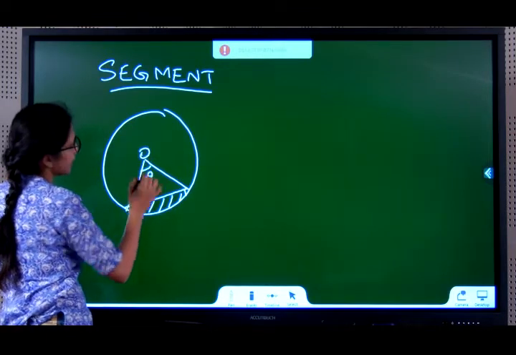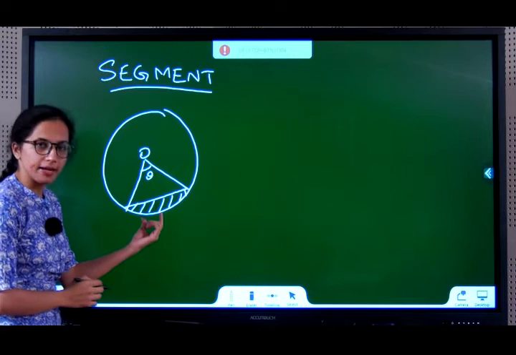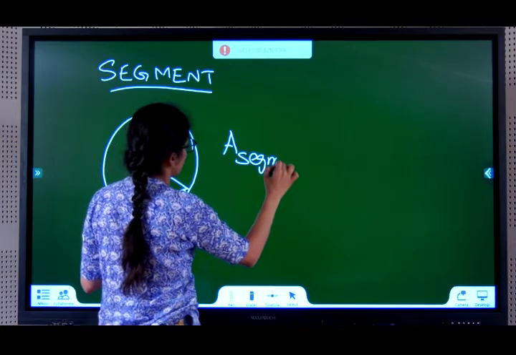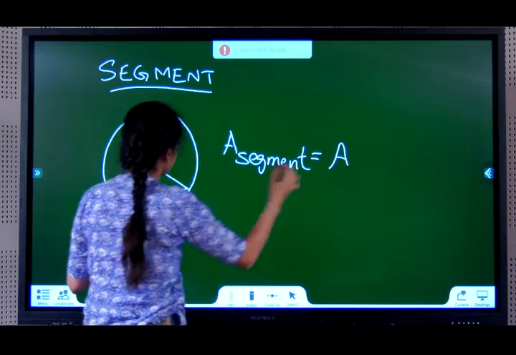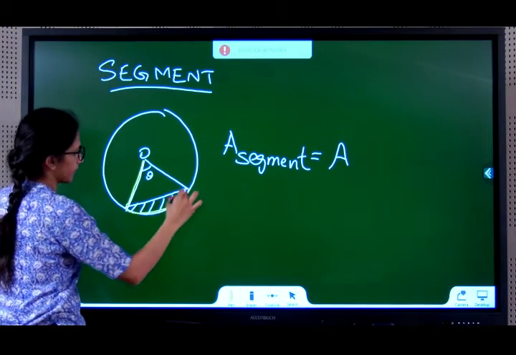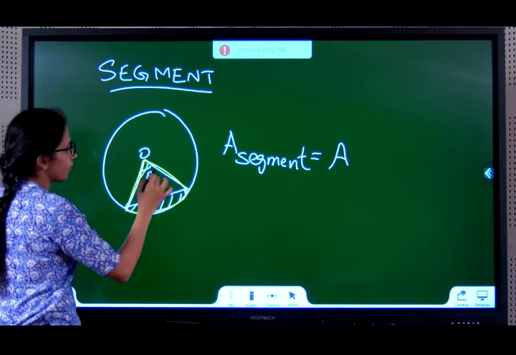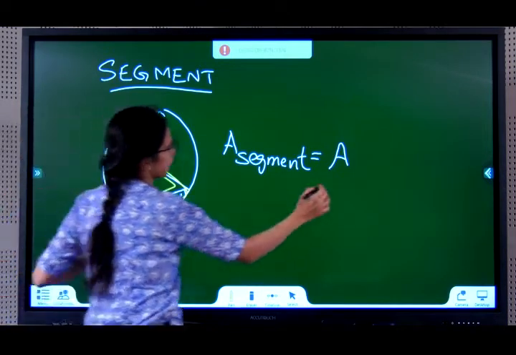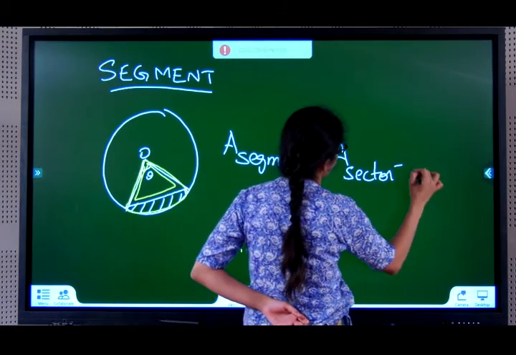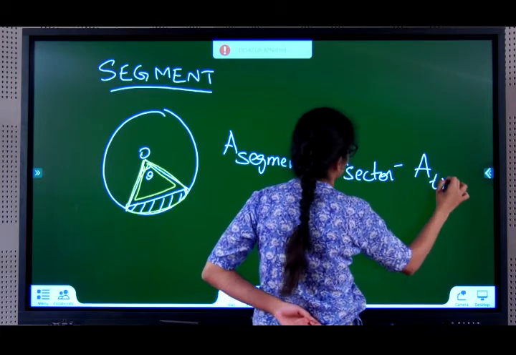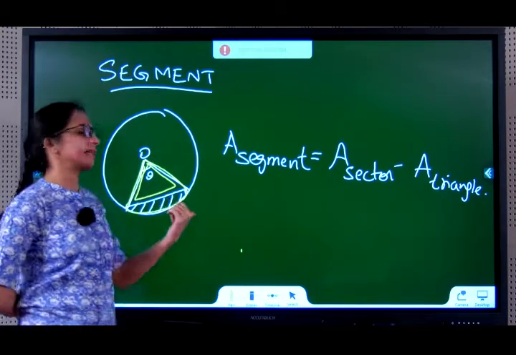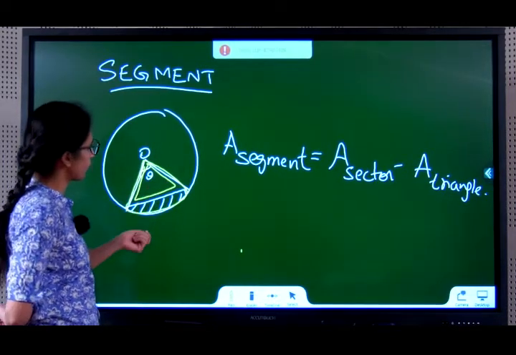So can I say area of segment is equal to area of this whole sector minus the area of this triangle? Agreed? So area of sector minus area of triangle. Now how to find the area of the triangle? It depends on what theta is. We will see and learn as we go through the problems.